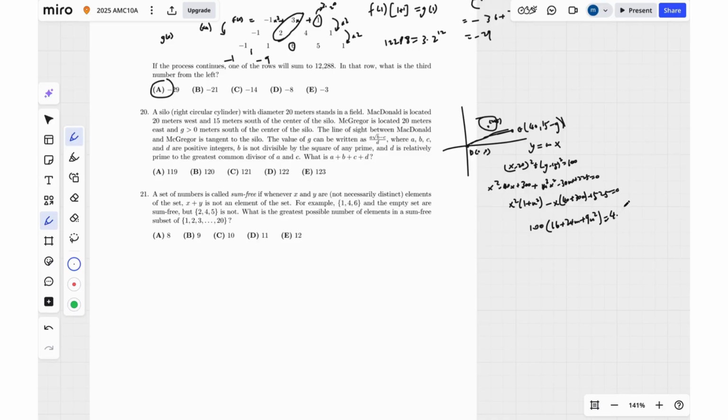So it's 4 times a, which is 1 plus m squared, times c, which is 525. So now we can simplify 16 plus 24m plus 9m squared equal to 21 plus 21m squared. We have 12m squared minus 24m plus 5 equals 0.